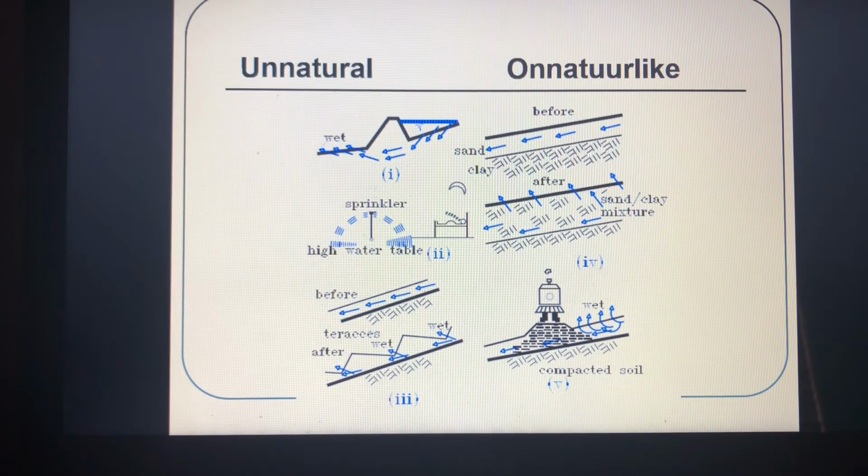So secondly, if we look at unnatural causes of waterlogging, these are scenarios that are sort of man-created that lead to waterlogging conditions.